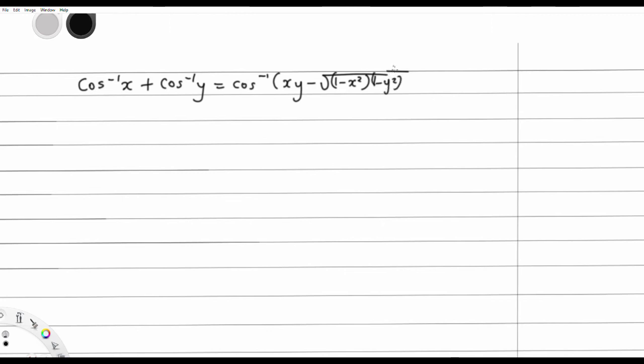So we have this question, and you are told to show that arc cos x plus arc cos y equals arc cos of xy minus the square root of open bracket 1 minus x square, 1 minus y square, just to show. So let a be arc cos x and b be arc cos y, and let c be arc cos of xy minus the square root of 1 minus x square times 1 minus y square.